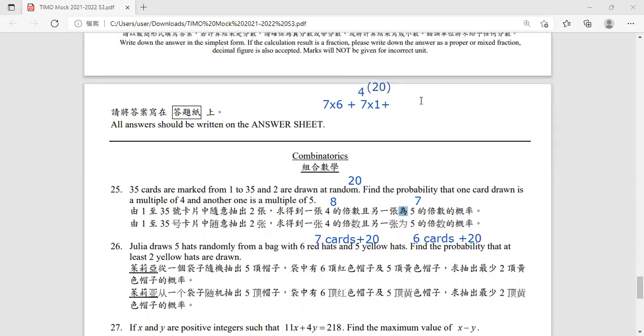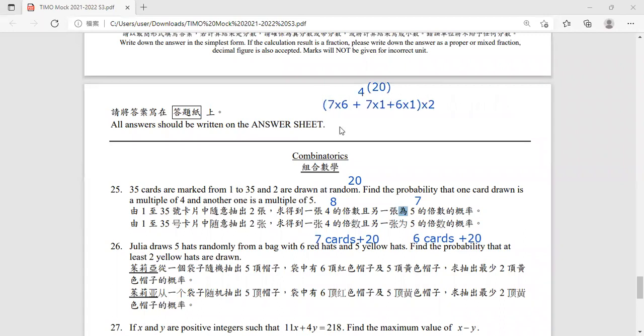This is a multiple of 4. And the next case will be a multiple of 5, and this is a multiple of 20. So this is 5 and 20. The whole thing has to be multiplied by 2, because the card can be drawn first or last.